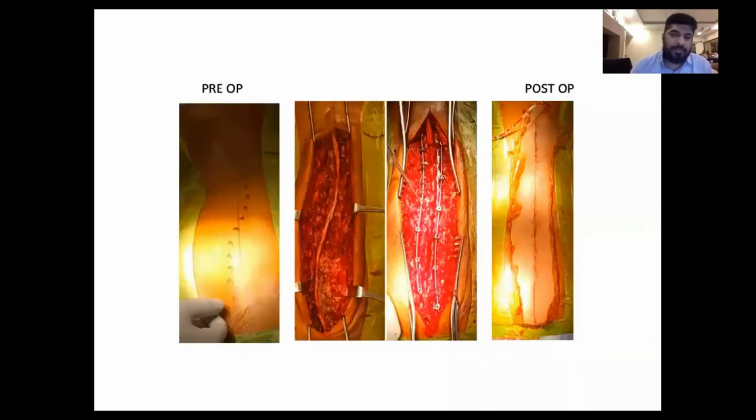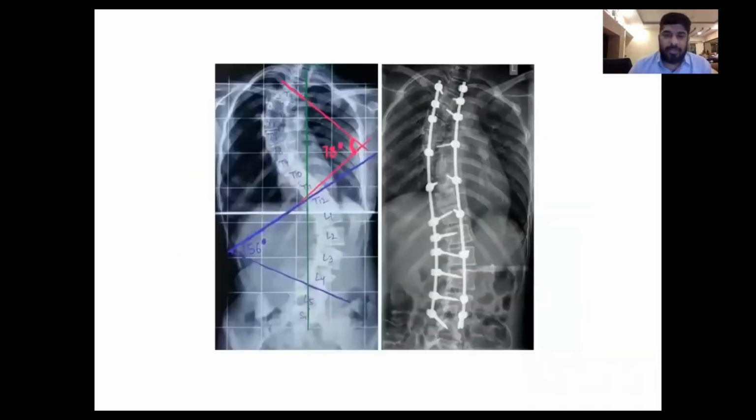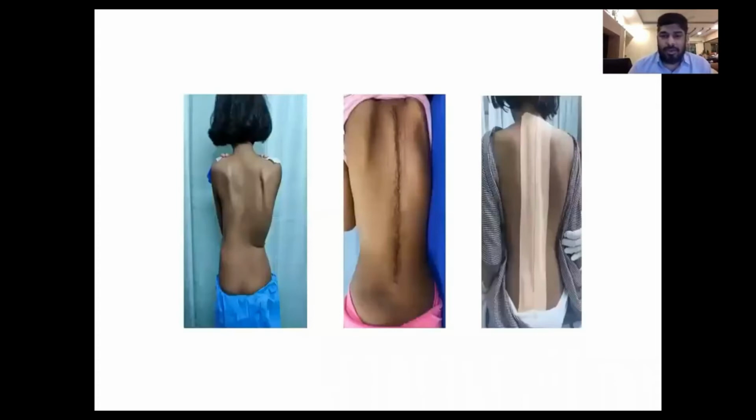We normally plan for around 70 to 80% of the screws in this kind of double major curves, and we really got a good deformity correction at the end of it. Osteotomies were done multi-level, and we got an excellent coronal and sagittal balance in this young girl.